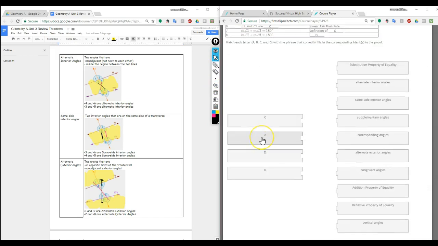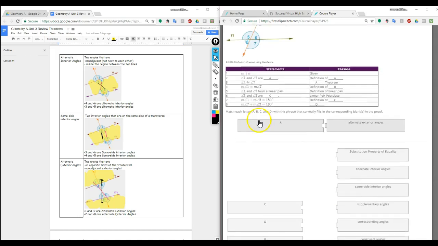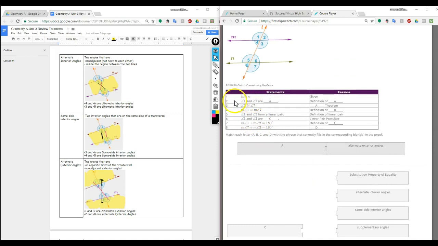So I'm going to click on A and look for alternate exterior angles. Drag it and release. Okay, that means statement 3, angle 1 is congruent to angle 7. Blank theorem. That's the alternate exterior theorem again. 4, measure of angle 1 is equal to measure of angle 7.